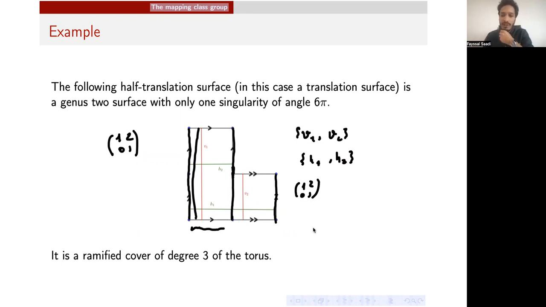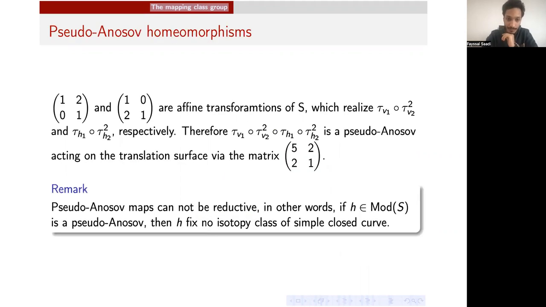So actually you can see that you take tau v1 and compose it with tau v2 to the power 2. Then this homeomorphism is realized as an affine transformation of the translation surface. The same thing happens to h1 and h2.